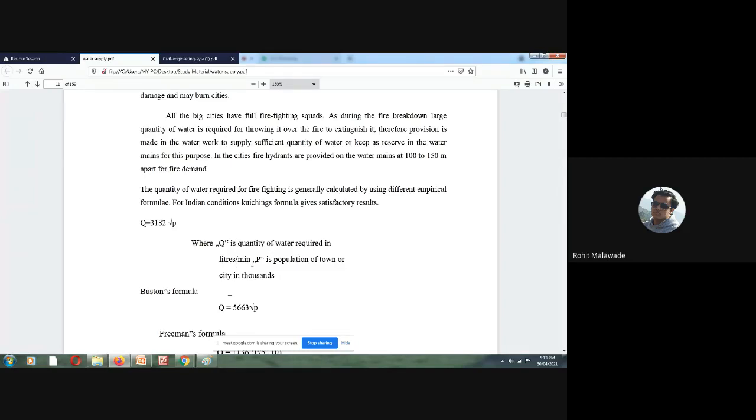Okay, so the first formula that we are going to use is Kuchling's formula. We are going to utilize this particular formula called Kuchling's formula to find out the quantity of water required.